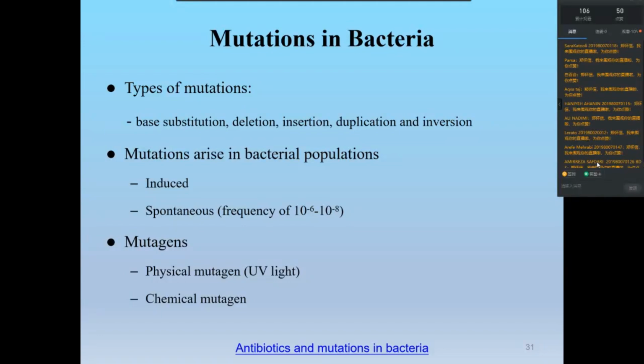But if there is some mutation which becomes resistant to that antibiotic, that strain or that cell will be selected out, and it will arise again, forming a lot of antibiotic-resistant bacteria. So antibiotics is a pressure, but also a drive to select resistant bacteria out.